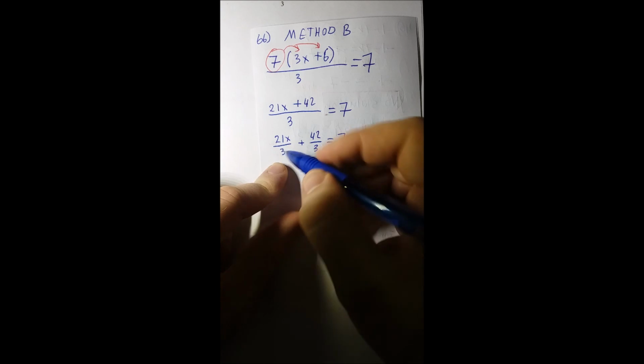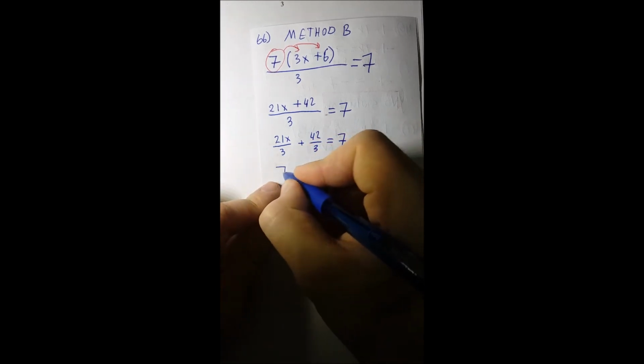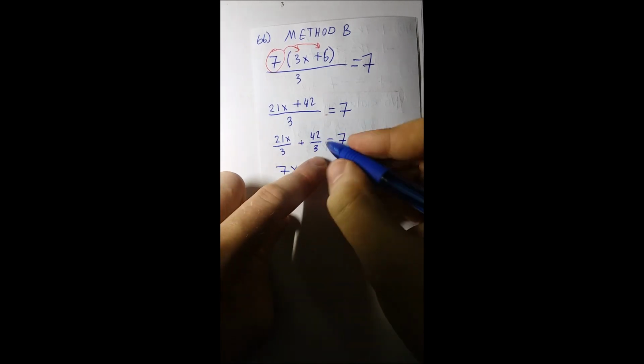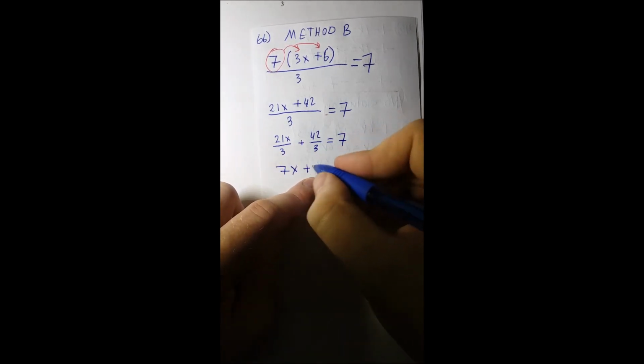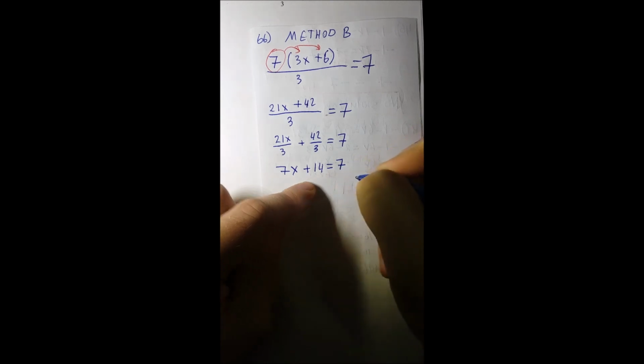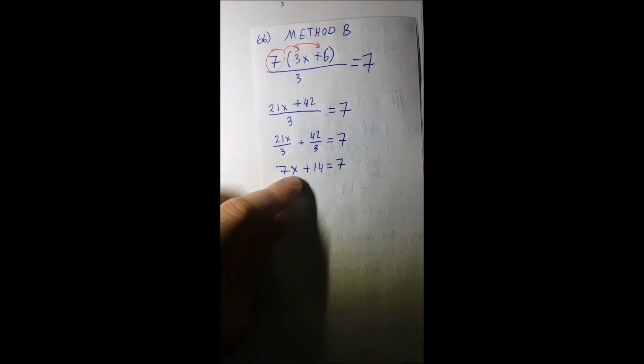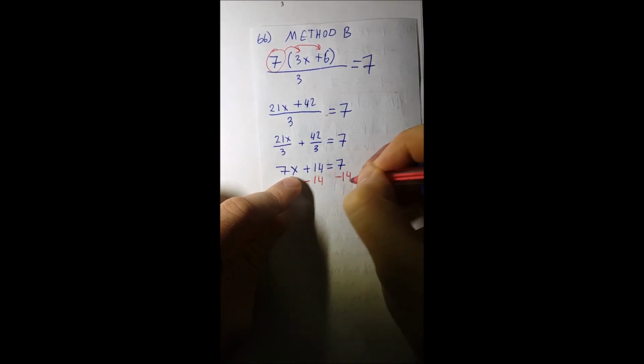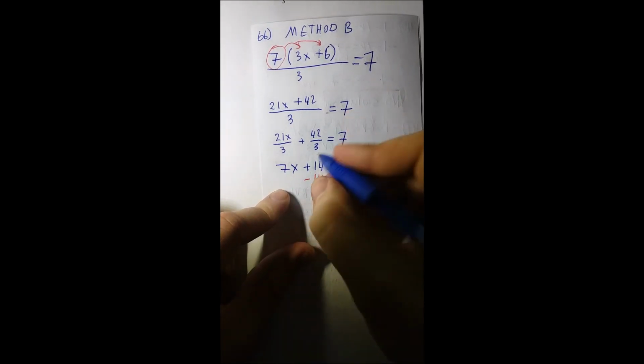Now 21 and 3 here cancel out, so you're looking at 7x plus 42 over 3. If you completely reduce it, I believe it's 14, equals 7. So now you subtract 14 from both sides because you're undoing PEMDAS, right?